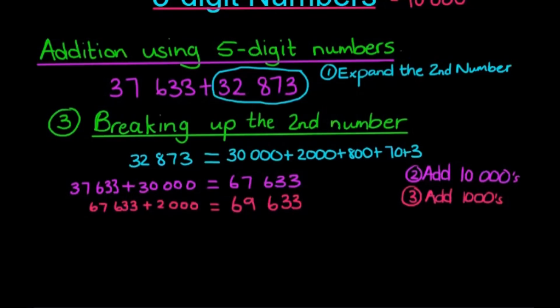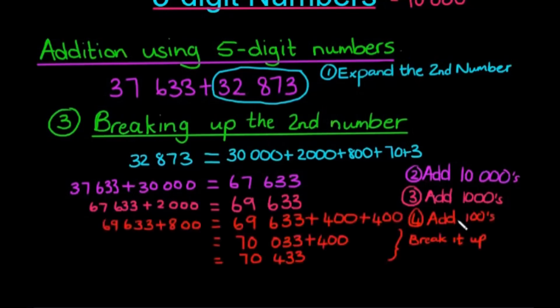The next step is quite lengthy. We need to add our hundreds, but we are going to break it up because it's going to give us a number over 1,000 as we have seen in the previous example. So I'm going to take my 69,633 and I'm going to add 800 to it.